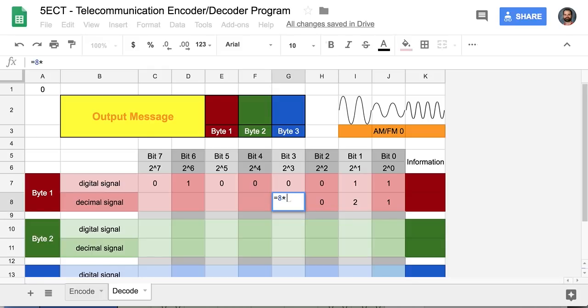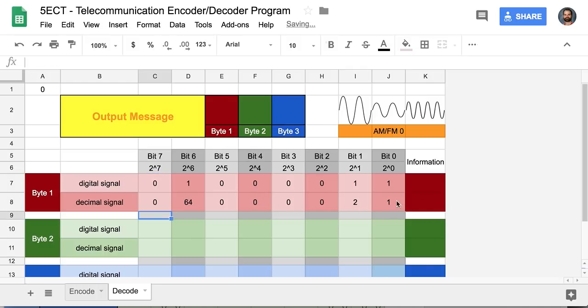My eights, 16s, 32s. It's just a good review of binary. My 64s, which I will need one because of a quirk from the 1960s. And my 128s.